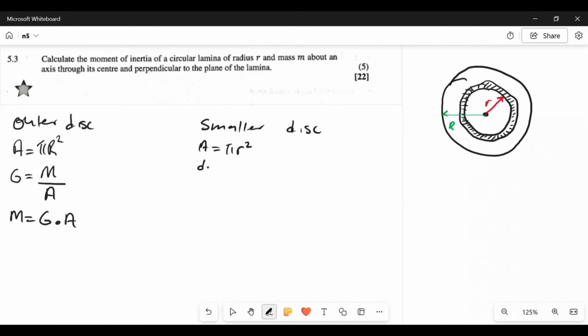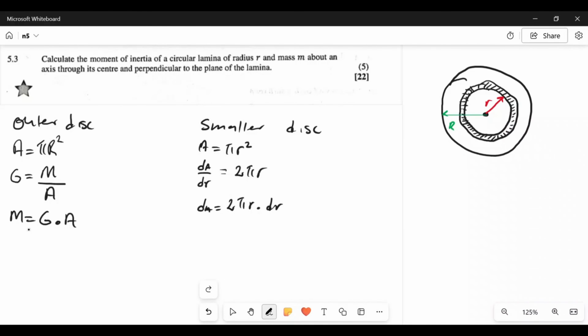If we differentiate, dA over dr, we're going to have 2 pi r. So this is a change in area, the area of the ring that we highlighted in black. If you make dA the subject of the formula, we have dA equals 2 pi r multiplied by dr.